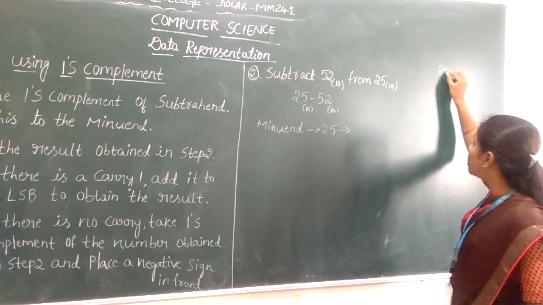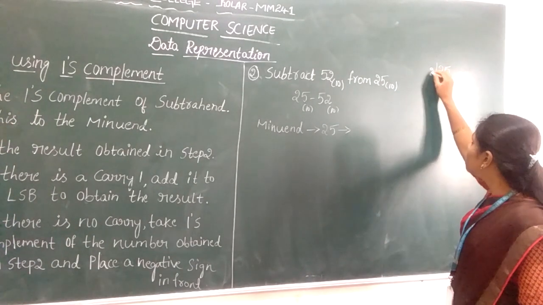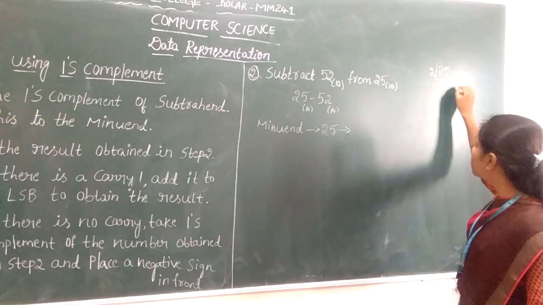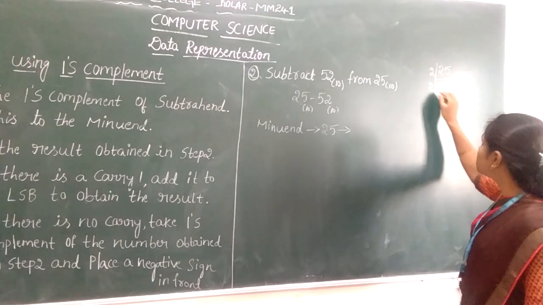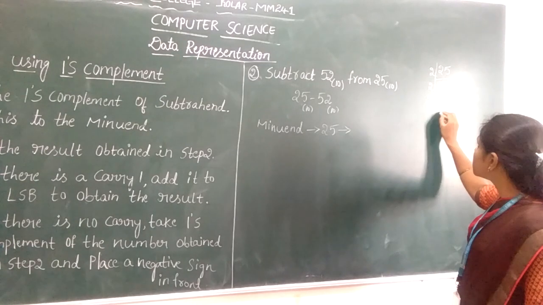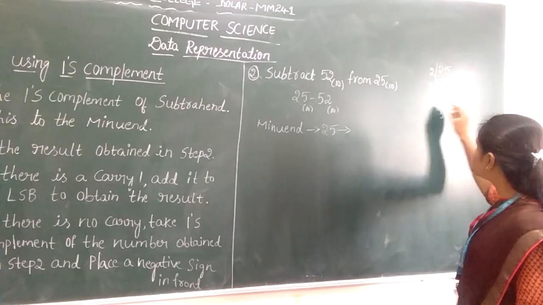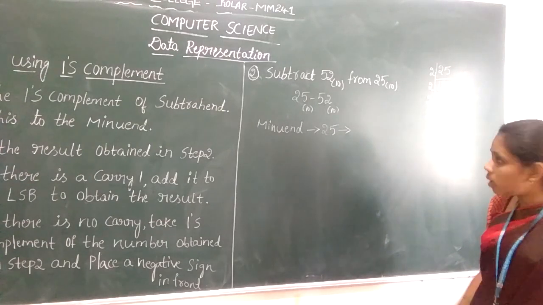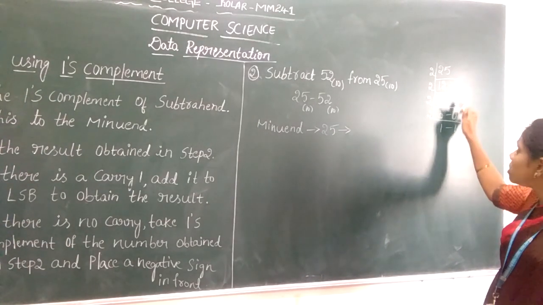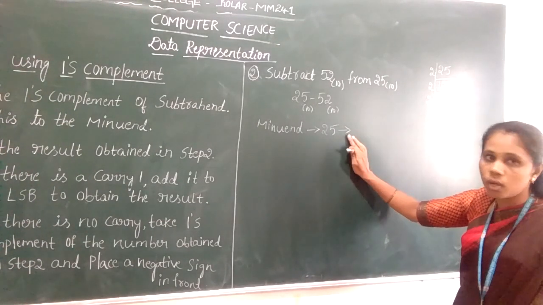So the binary value of 25: 2 1s are 2, 2 2s are 4, the remainder is 1. 2 6s are 12, the remainder is 0. 2 3s are 6, the remainder is 0. 2 1s are 2, the remainder is 1. Now 11001 is the binary equivalent value for 25.